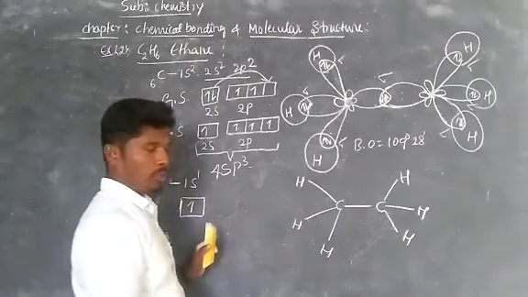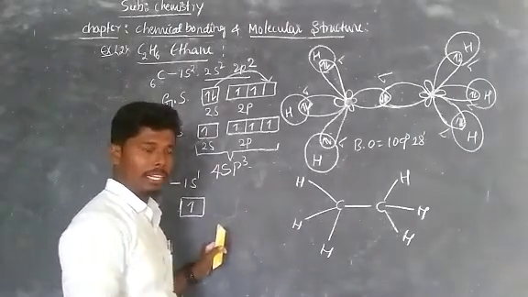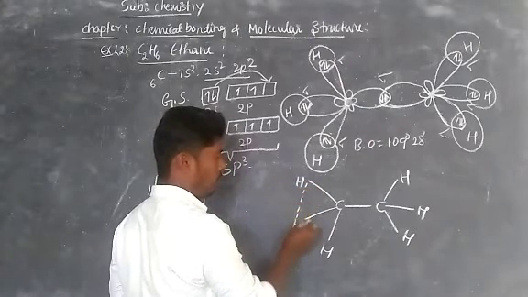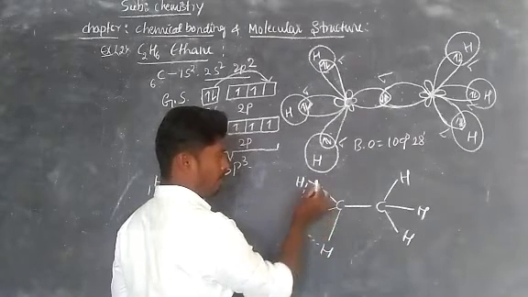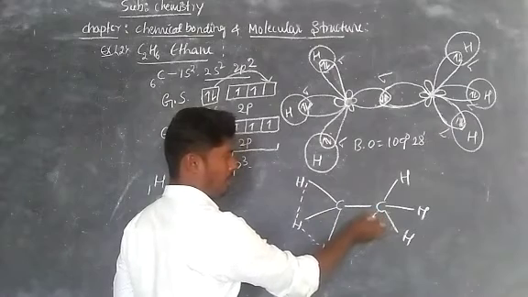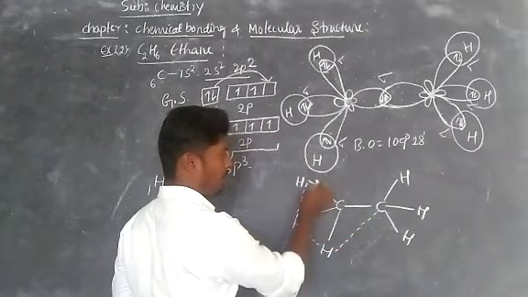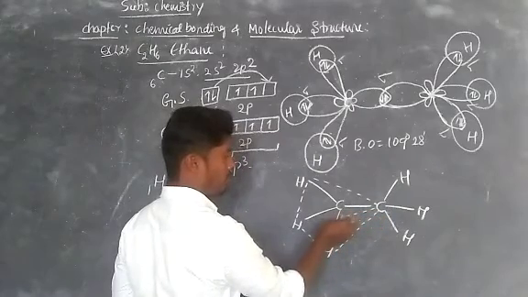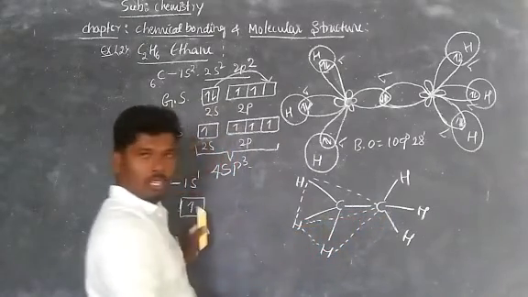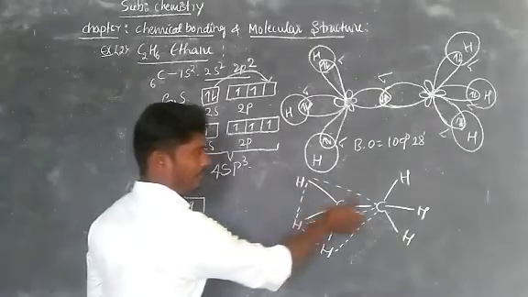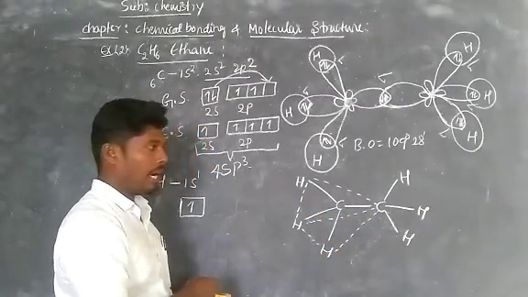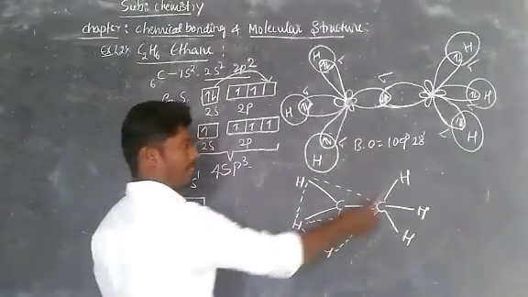So observe, here also we want to show the tetrahedral geometry, right? See, I write dotted lines 1, 2, 3, 4 like that. So here also, from this carbon, the top carbon, write dotted lines from carbon to these hydrogens. Now observe, this looks like a tetrahedron. Now, similarly, observe for this carbon.